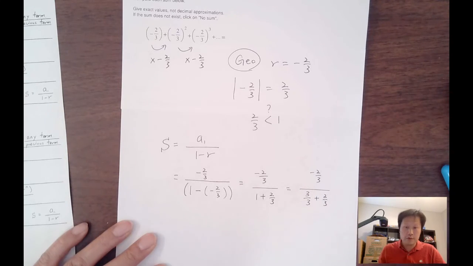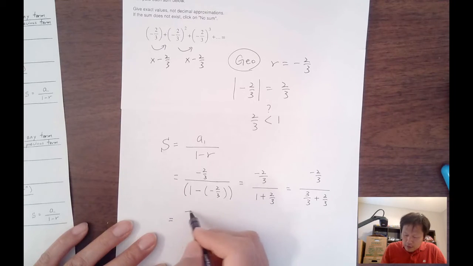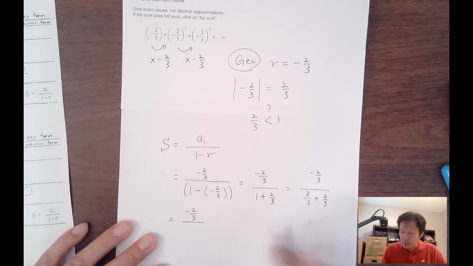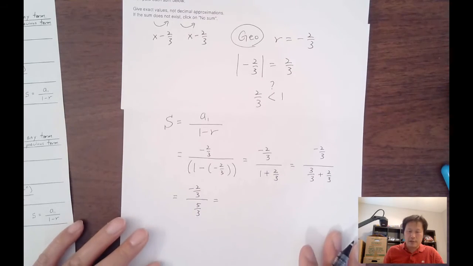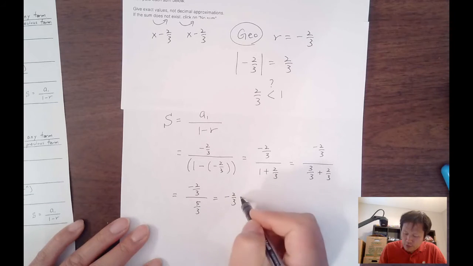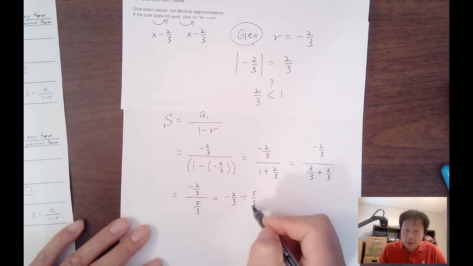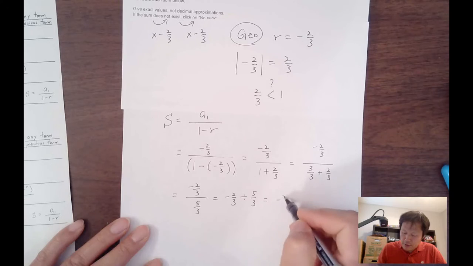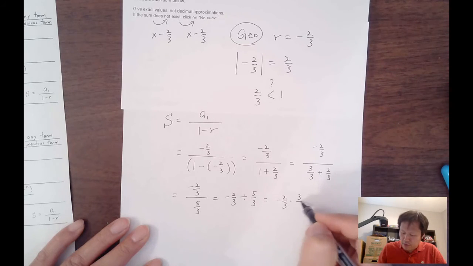Then you can add them, 5/3. Same process. Numerator over denominator is the same as numerator divided by denominator. Divide by denominator is the same as multiply by reciprocal. Cancel. Minus 2/5 is your final answer.